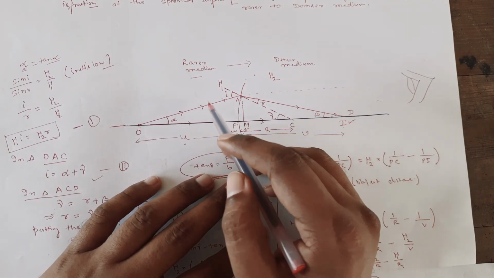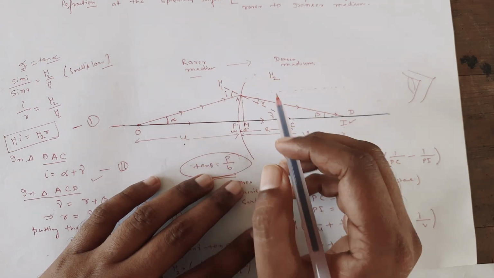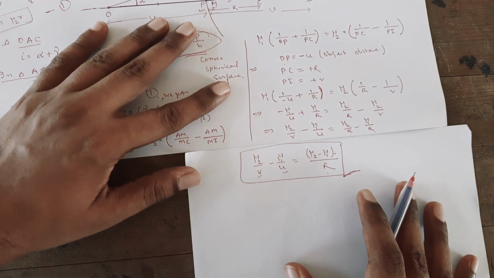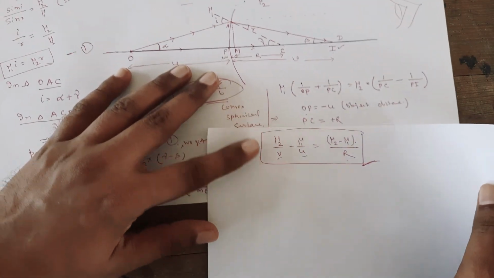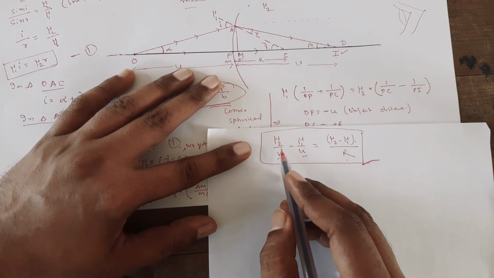And remember, if the rays are now moving from the denser to rarer medium, will this relation be the same or not? Of course this relation will change. Simply we have to interchange mu1 with mu2.